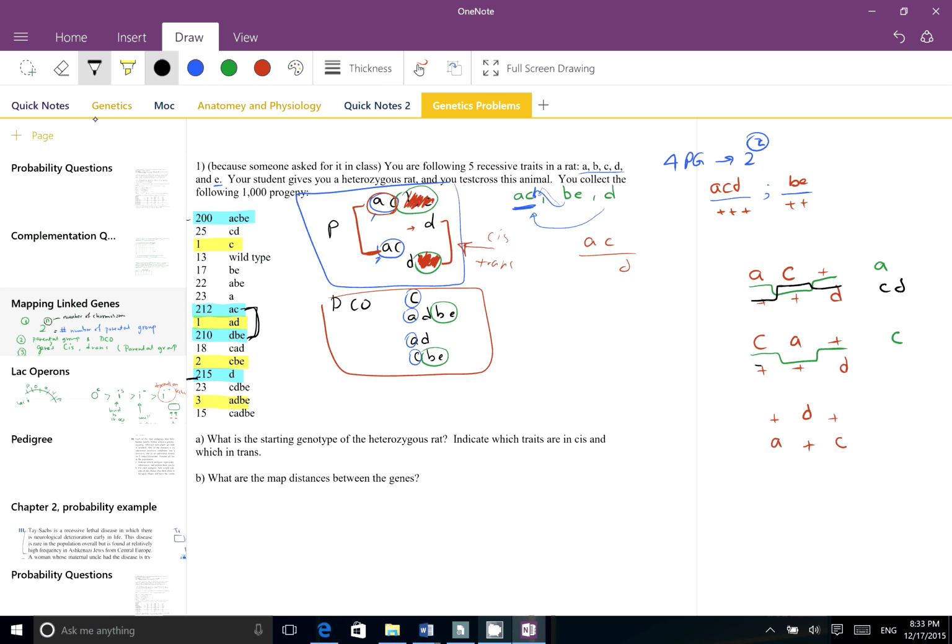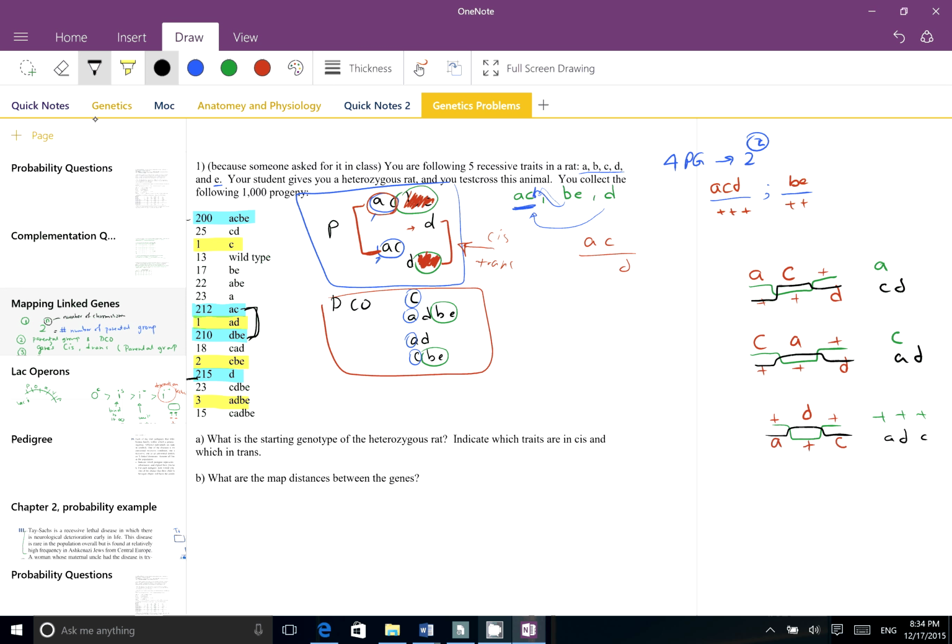This is the plus sign, who cares? A, and then I come down to D, A and D. Wild type, wild type, wild type. Oh, so I have all these, and then I have A, D, C, A, D, C.